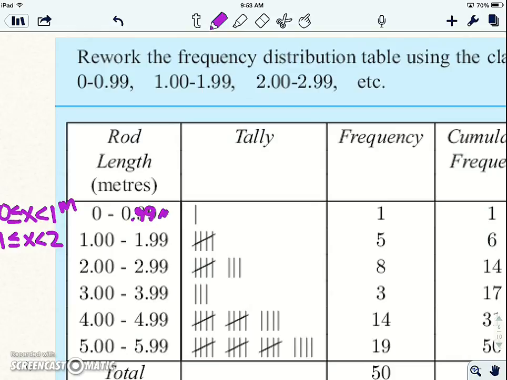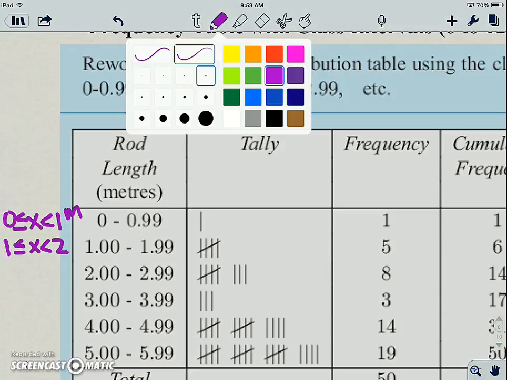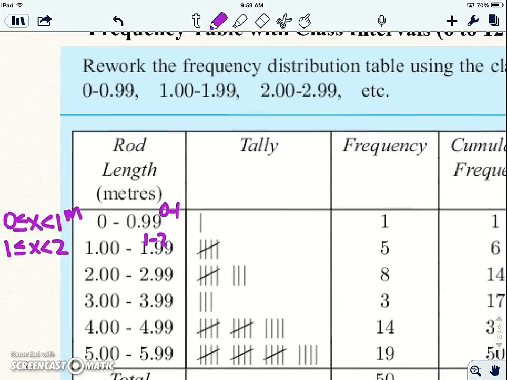So between right here and right here, there's a 0.01 space, which is fine because we don't have any rods that fall in there, but usually you won't see that. Usually you'll see them do, like I said before, 0 to 1, 1 to 2, which means this one is not included here, or they'll just do 0 dash, 1 dash, 2 dash, and leave this off.